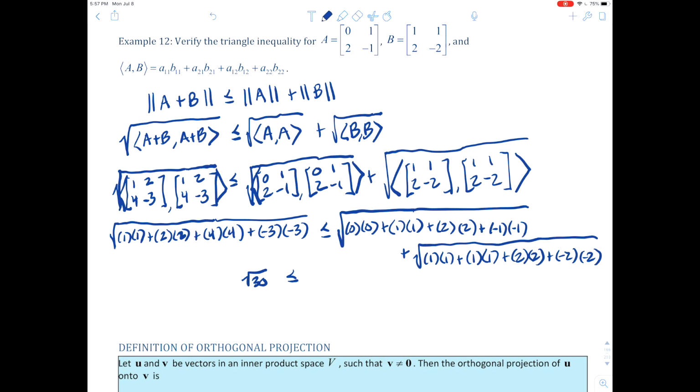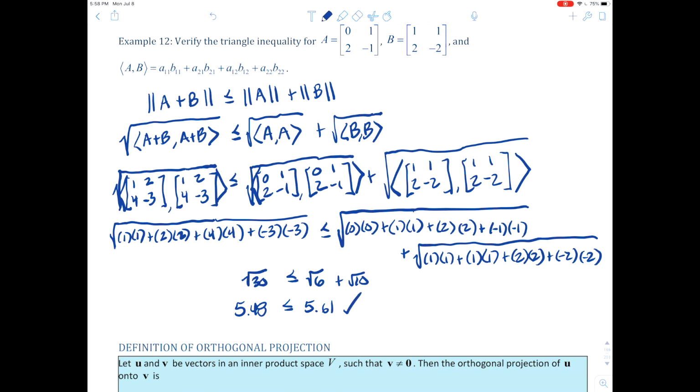So this is root 6, and then 1 plus 1 is 2, plus 4 is 6, plus 4 is 10. Okay, so if we get decimal equivalents for these, on the left side it's approximately 5.48. On the right side it's approximately 5.61. So it checks out.